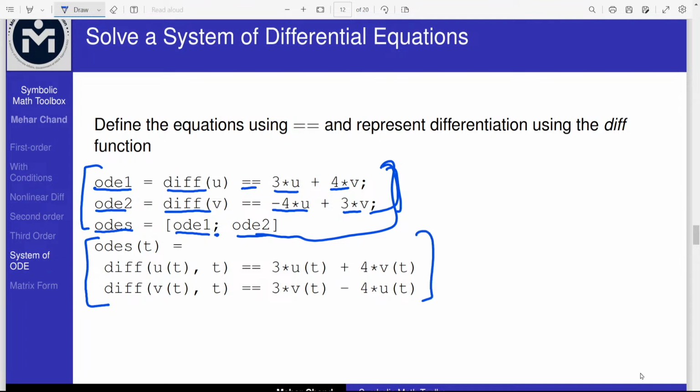Output means you have two differential equations, and in MATLAB syntax it will return in this way. You can see diff(u(t),t) is equal to 3u(t) plus 4 product v(t), and this is the second equation. MATLAB will return the differential equations which you insert in the statements in this form.